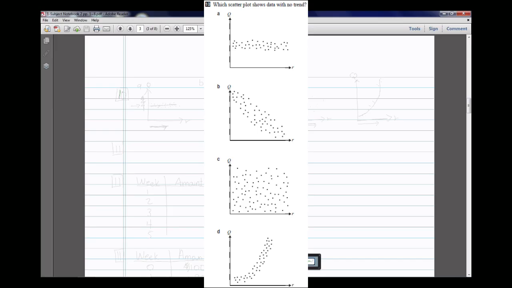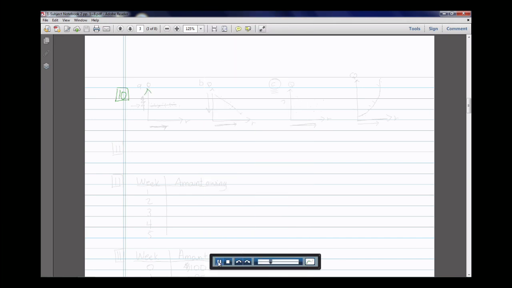Now we'll take a look at multiple choice question 10. There are a few different scatter plots, and they say which scatter plot shows data with no trend. And you just have to remember that a trend is that as you change your independent variable, you see something happen to the dependent variable.